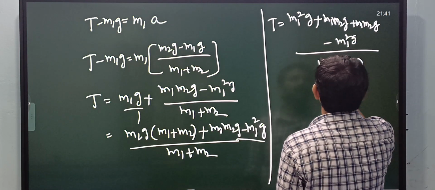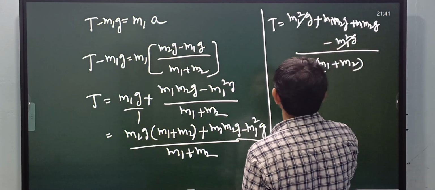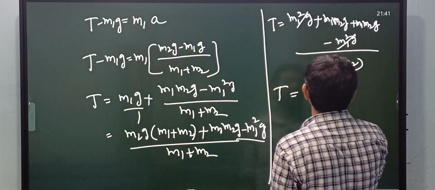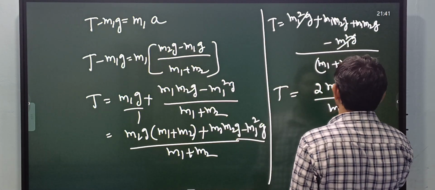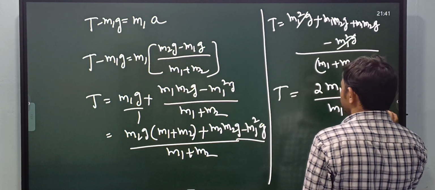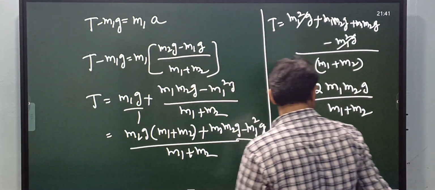Here plus m1 square g minus m1 square g cancels. So T is equal to 2 m1 m2g divided by m1 plus m2. This is the tension in the string.